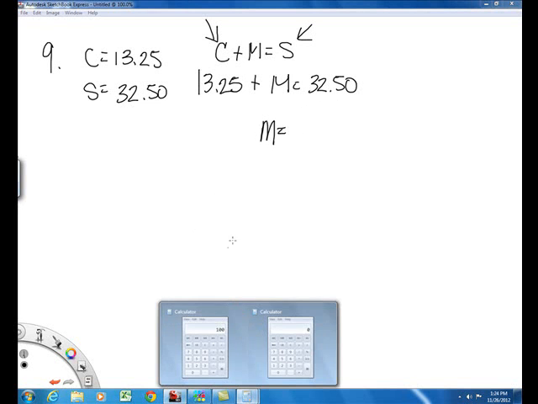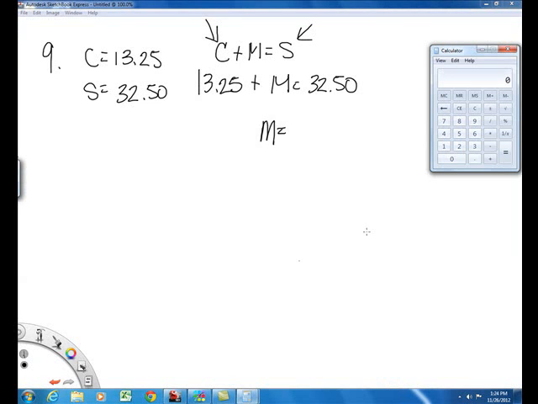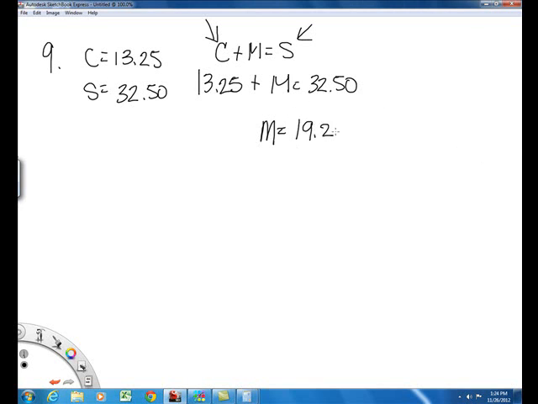In order to solve for that, I've got two calculators open. $32.50 subtract how much I have to pay for it. That means every time I sell it, I make $19.25. $19.25 is my mark on amount.